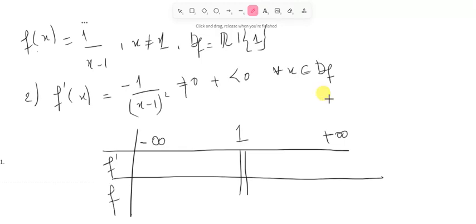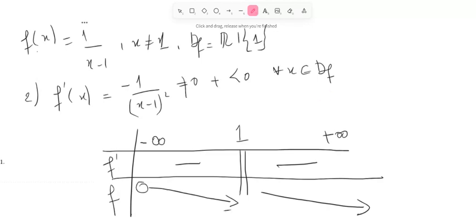We said that the derivative is negative, whatever the value of x. And then the function is decreasing and then decreasing. It goes from 0 to minus infinity. You can find the limits. And then from plus infinity, we will go to 0.